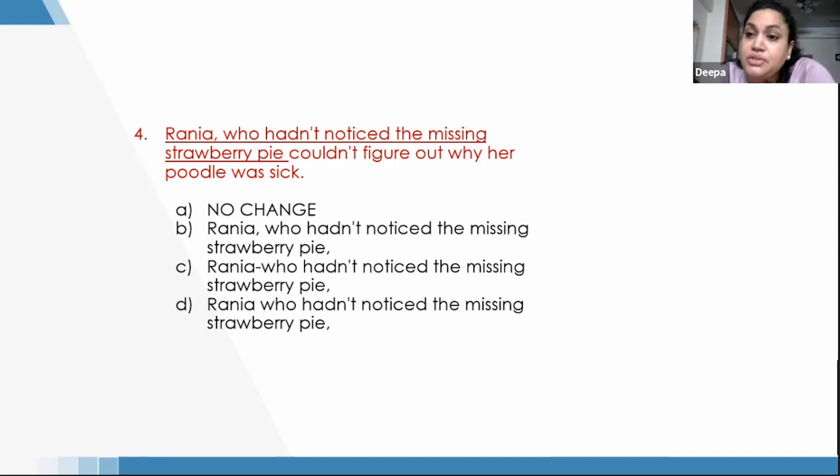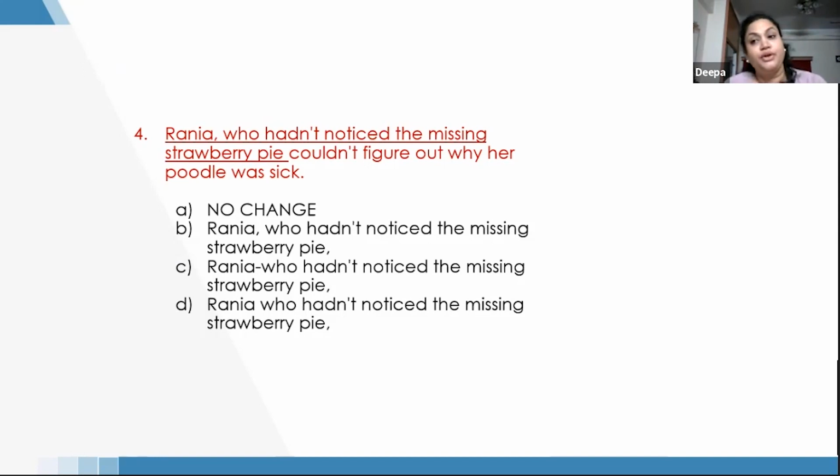If we use the rules of modifier placement, then before and after Rania, there will not be any comma. Therefore, we will not have a comma at all. But let us see if that kind of option is available or not. At the same time, even after strawberry pie, we should not have a comma. But that kind of option is not available.